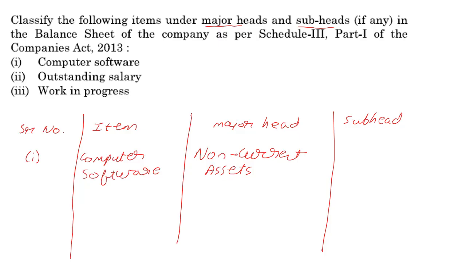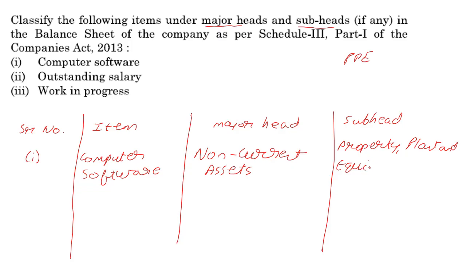Okay? Under non-current assets, we know that computer software is an intangible asset. So it will be under the category of intangible assets. Itself falls under a category called property, plant, equipment, what we normally call PPE. But your format for Schedule 3 literally says property, plant and equipment.